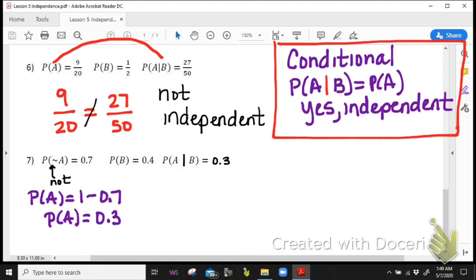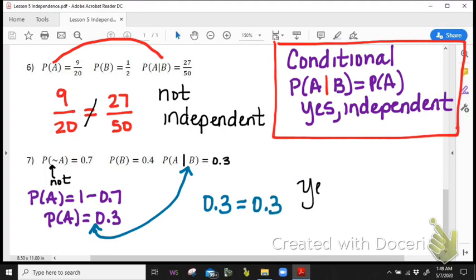If the probability that A does not happen is 0.7, the probability that A will happen is 1 minus that, which is 0.3. And because the probability of A is indeed equal to the probability of A given B, 0.3 is equal to 0.3. The answer is yes. They are independent events.